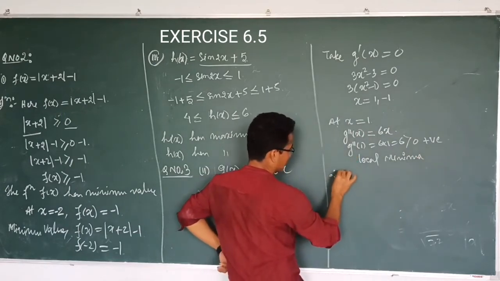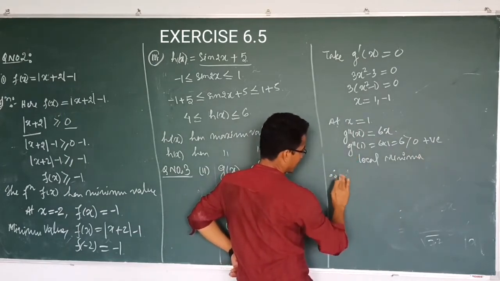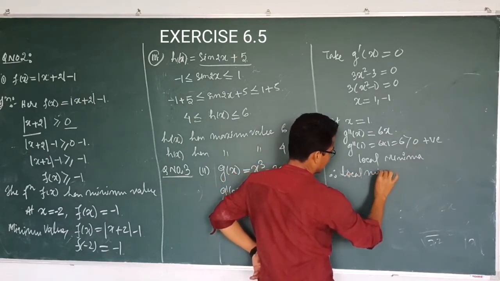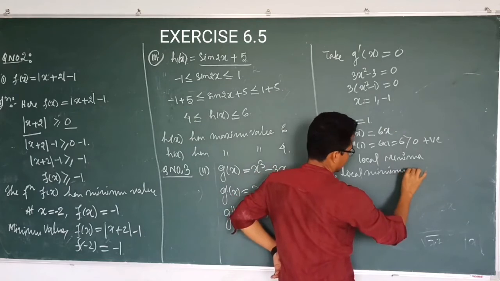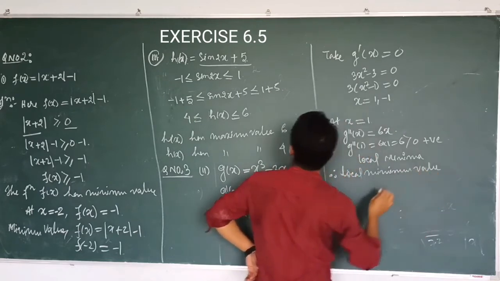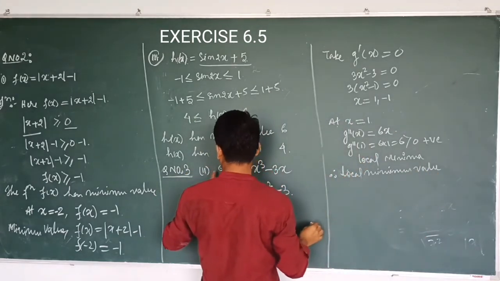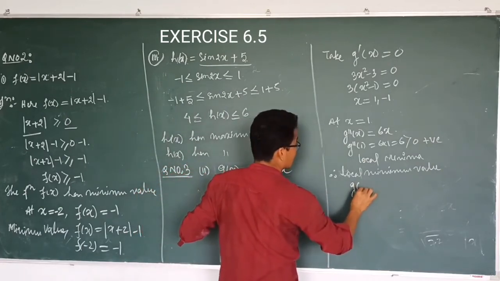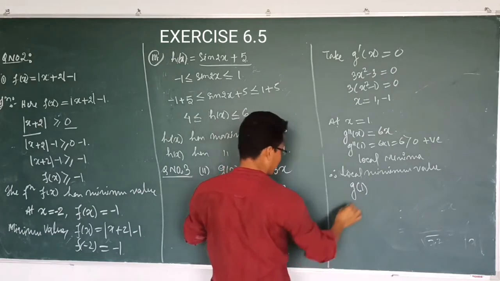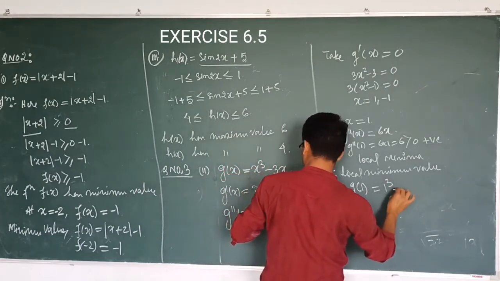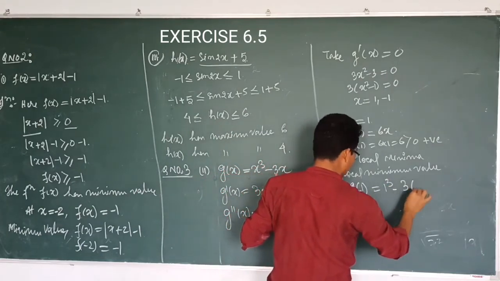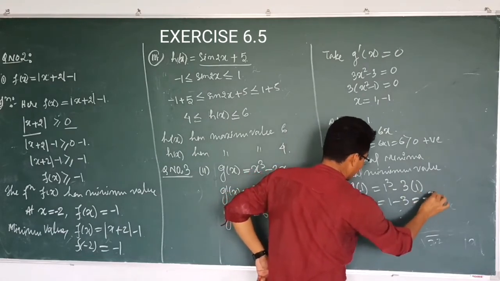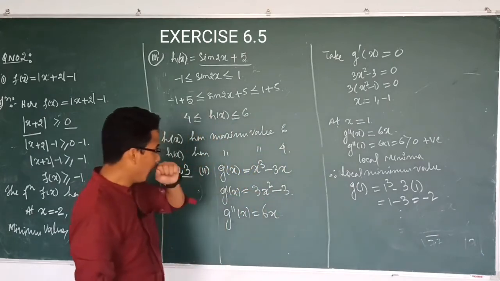Therefore the local minimum value, we put it in g of x. Here we will put g of 1. We take 1, that is 1 cube minus 3 into 1, that is 1 minus 3 equal to minus 2.